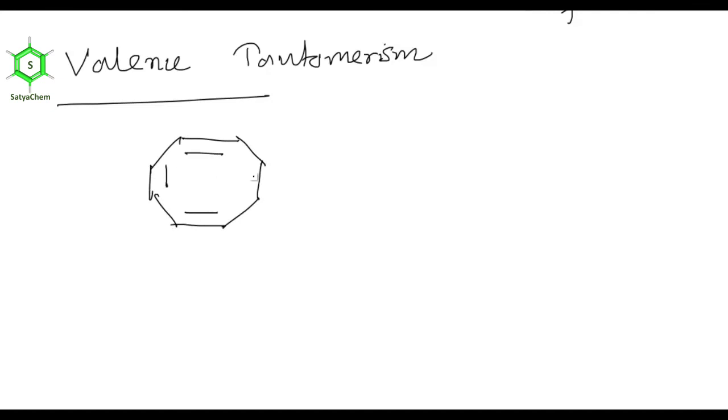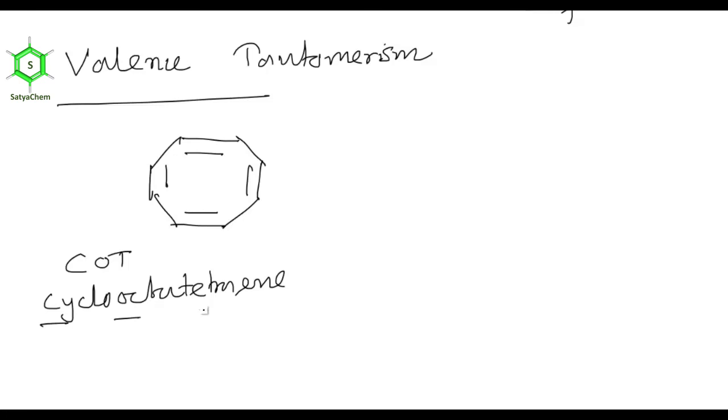This is the COT abbreviation, meaning cyclooctatetraene, four double bonds. Clear? Cyclooctatetraene. Its tautomeric form is this. This is called valence tautomerism.